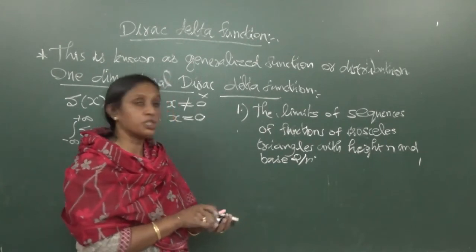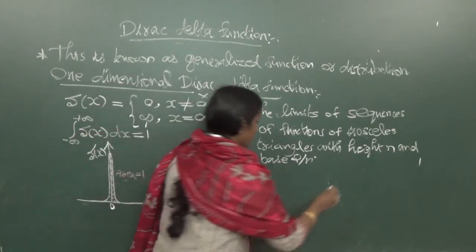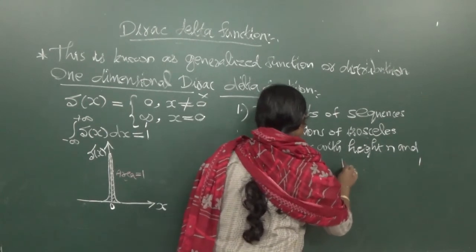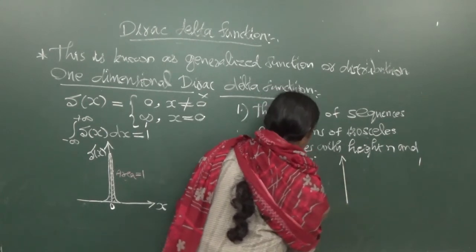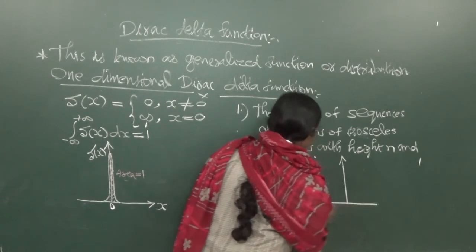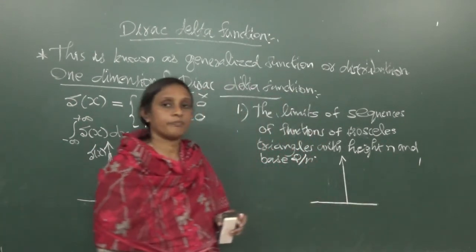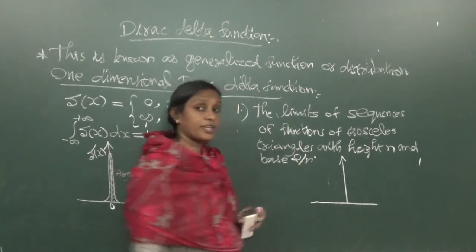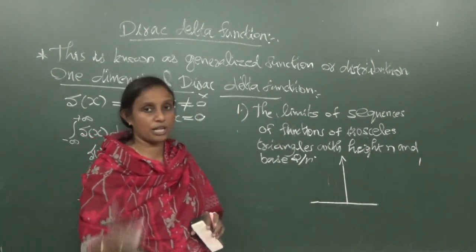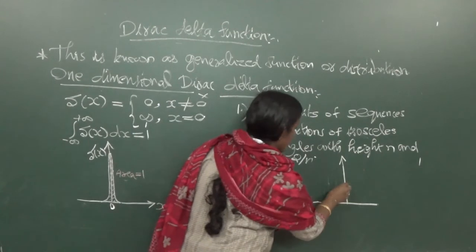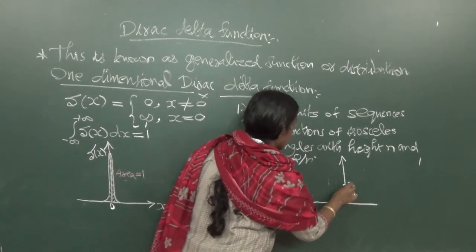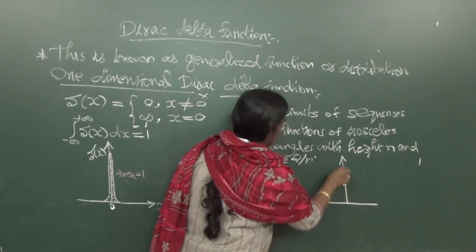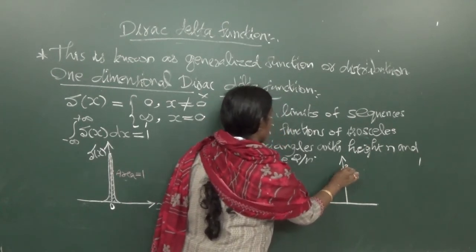Here also you can draw the figure like this. As usual, this is n equal to 1 and somewhere here is n equal to 2.